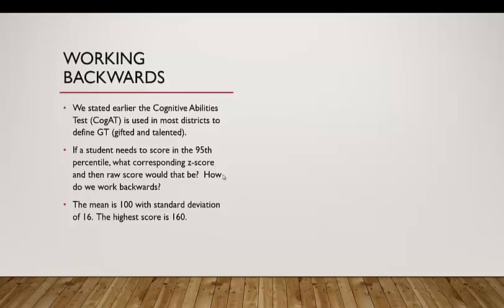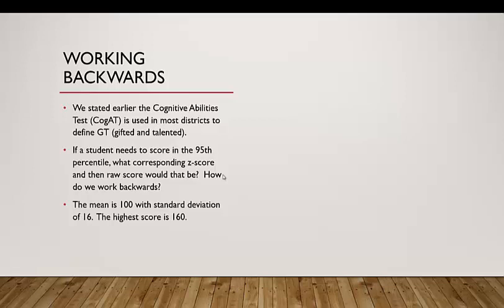The only two things we need to know are, as always, the mean of the test and the standard deviation. In this case, our mean for the COGAT is 100 and our standard deviation is 16.